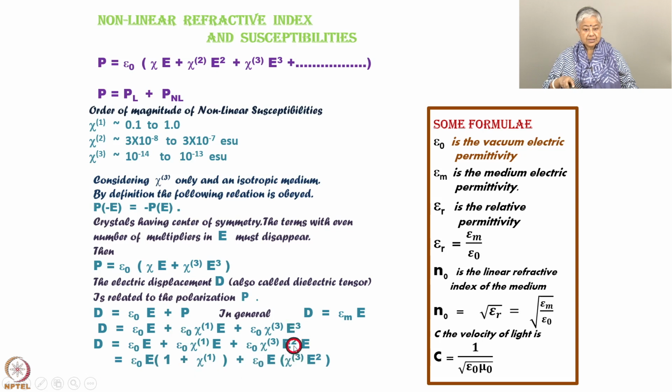I have just written this E cube as E square into E. Then I have epsilon 0, and if I take this out, I have this internal term 1 plus chi 1, plus epsilon 0 chi 3, where I have taken that E out, epsilon 0 E, and chi 3 E square. Let us see how this goes ahead.